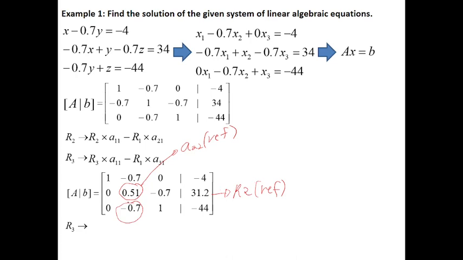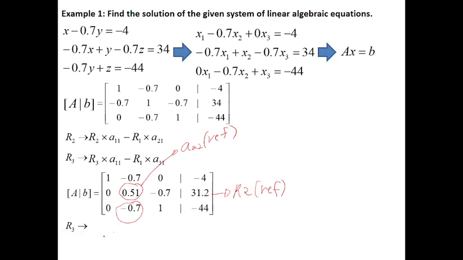So, babaguhin natin yung negative 0.7 na to na 0. Una mong isipin, saang row ba siya nakalocate? It's located at row 3.